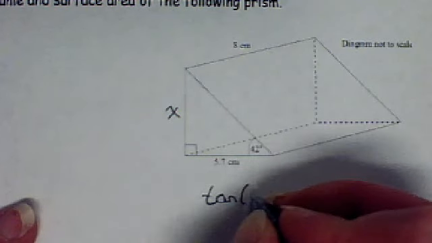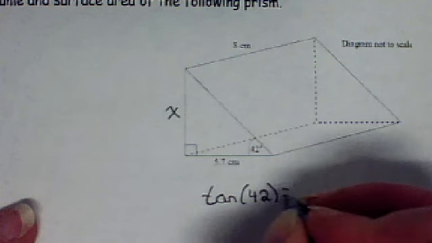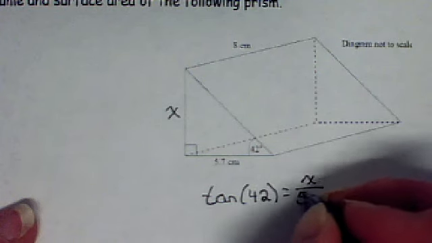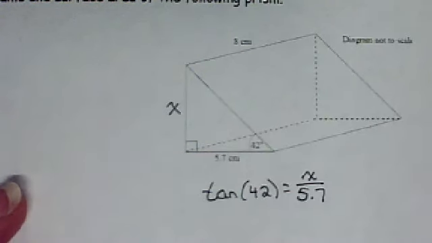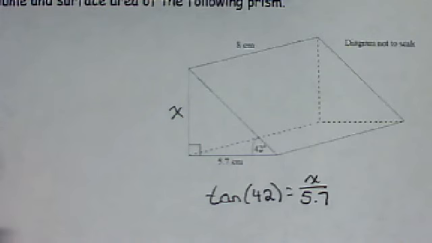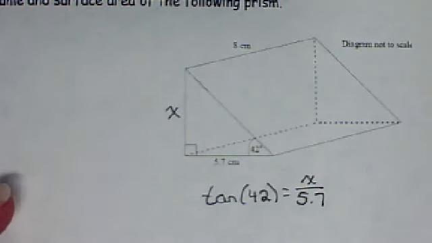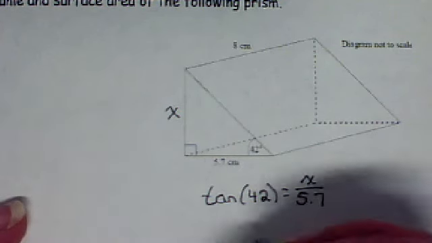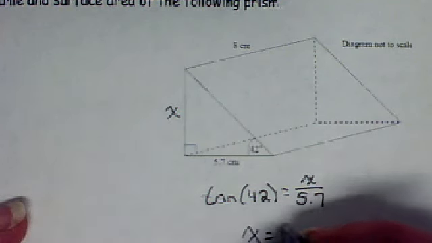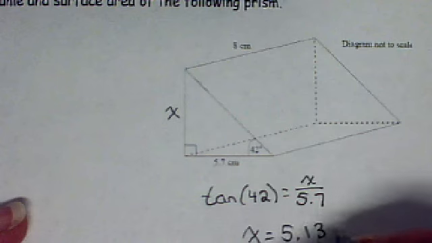Tangent of 42 is opposite over adjacent. Make sure you're in the right mode. Play along at home. You should get that X is 5.13 centimeters.